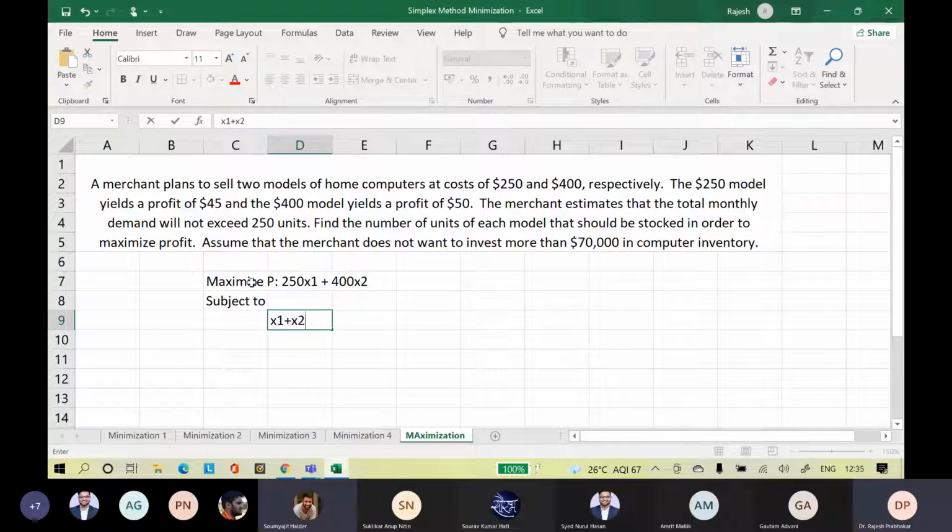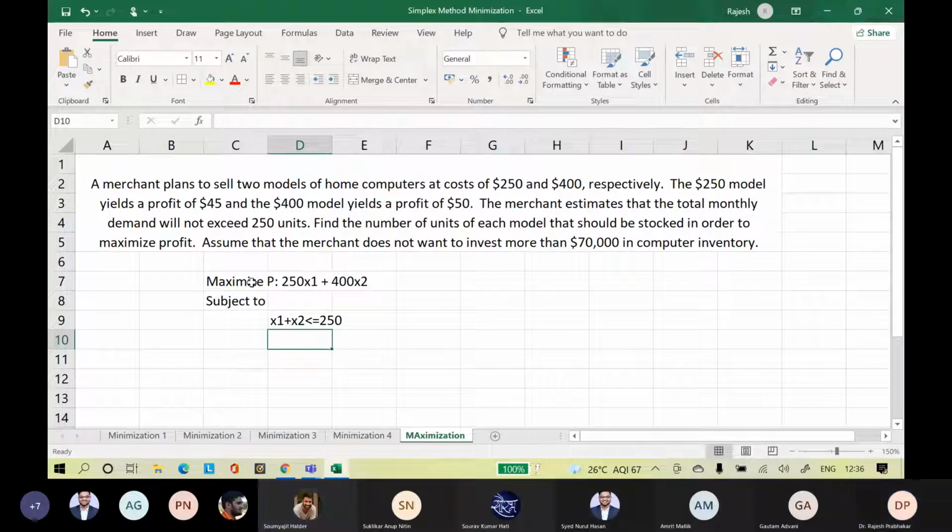Okay, what is the other constraint? I think there is only one constraint here.